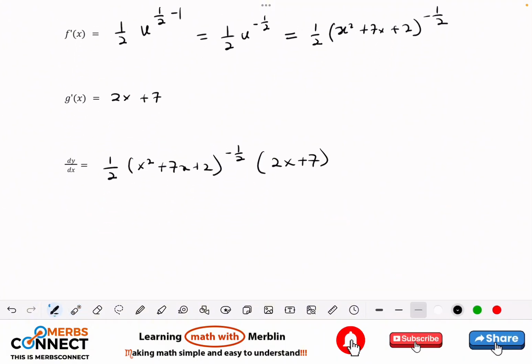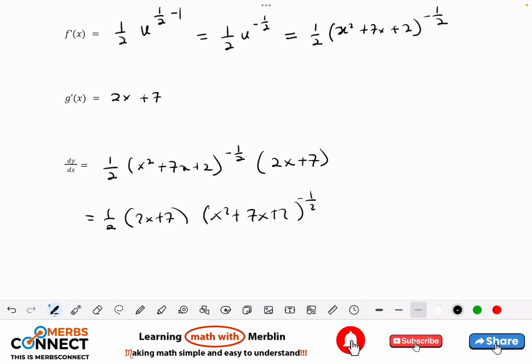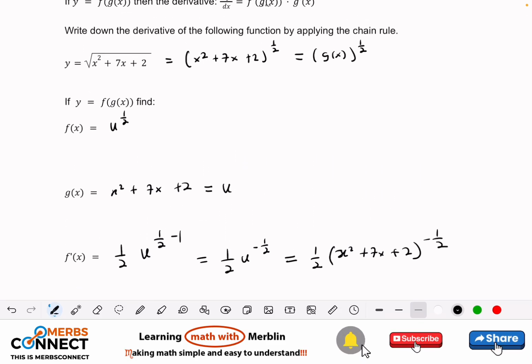So we are going to have 1 over 2, 2x plus 7, then x squared plus 7x plus 2 to the minus half. You can even leave your answer in this form. It's okay to leave it in this form, right? So that is the idea.